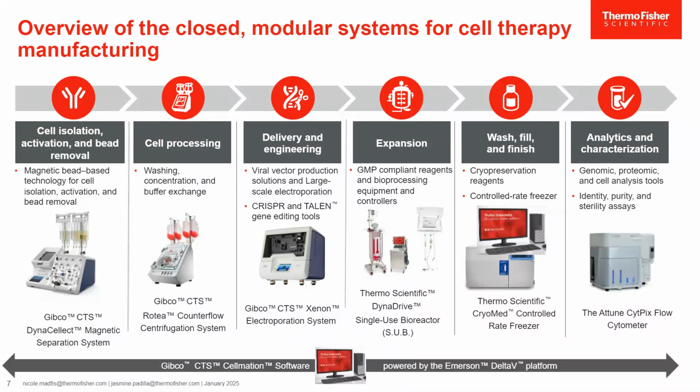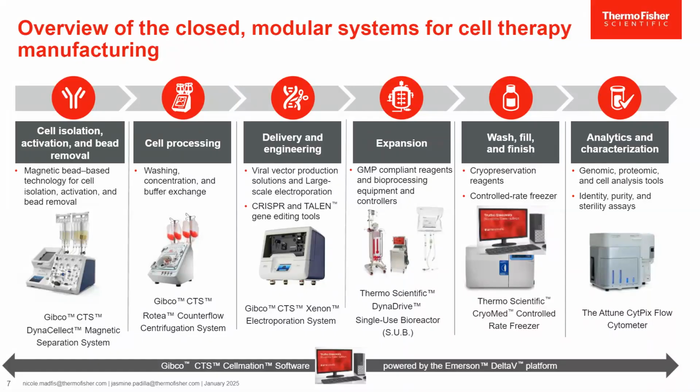Following gene editing, CAR T-cell expansion is carried out using GMP-compliant bioprocessing equipment such as the Thermo Fisher Scientific DynaDrive single-use bioreactors. Once the expansion phase is complete, the cells can be washed, filled, finished, and cryopreserved using the controlled-rate freezer.